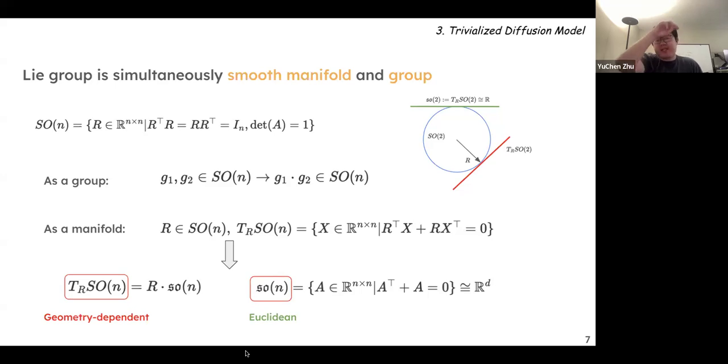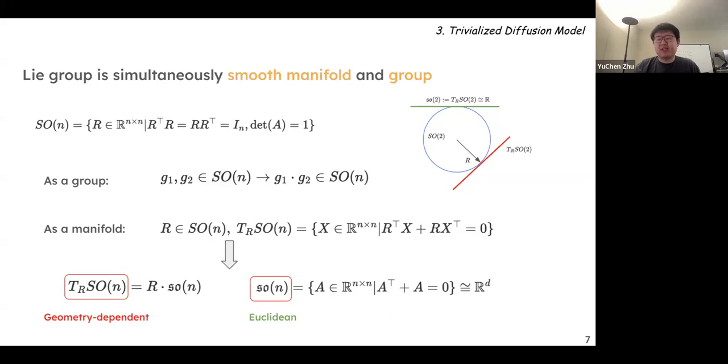Essentially, the tangent space, which is the geometry-dependent component, can be written as the position R left multiplied by an element in the Lie algebra so(n). This Lie algebra is essentially the tangent space of this Lie group at the identity element, and in this case it consists of this simple set: the set of skew-symmetric matrices.